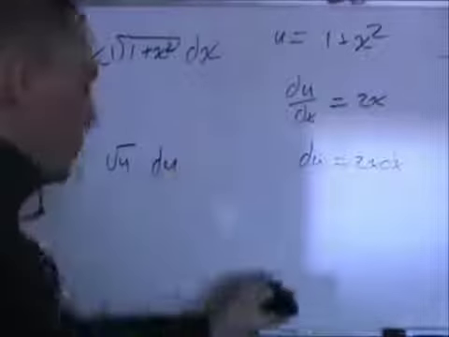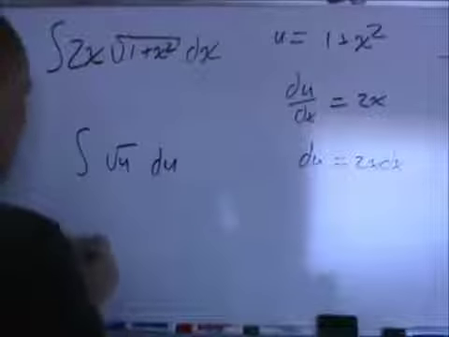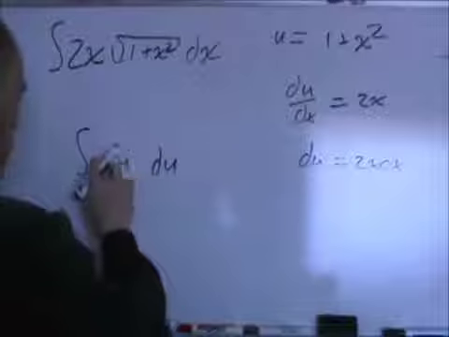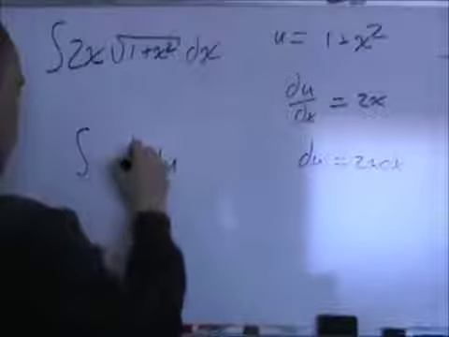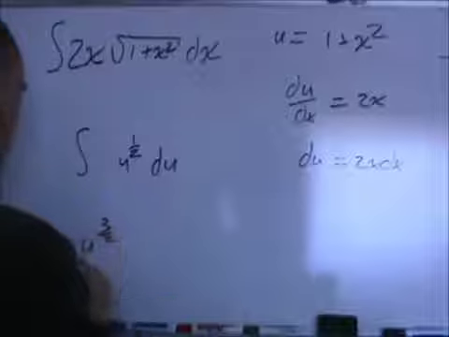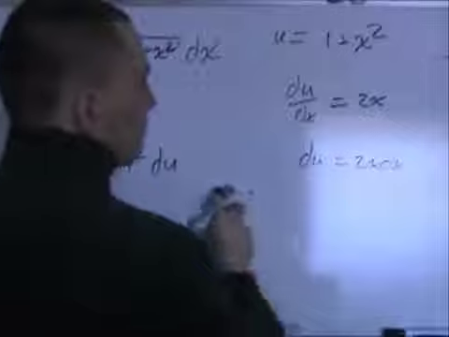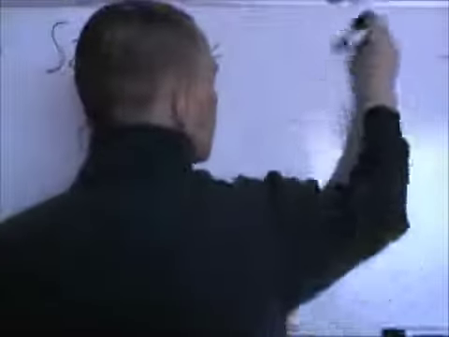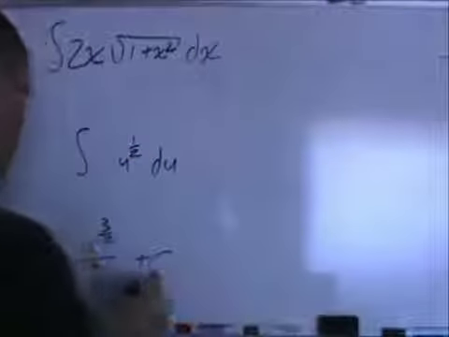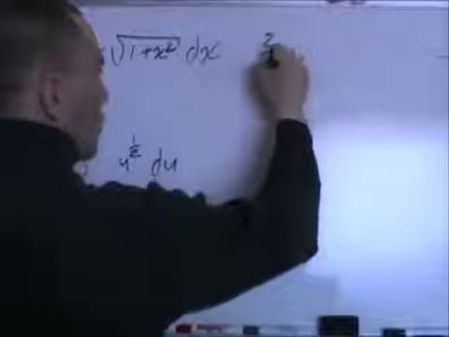So now we have the integral of square root u du, straightforward integration. That's going to give us u to the 3/2 divided by 3/2 plus c. And now we'll just substitute everything back in, so that's what this is going to be, 2/3.